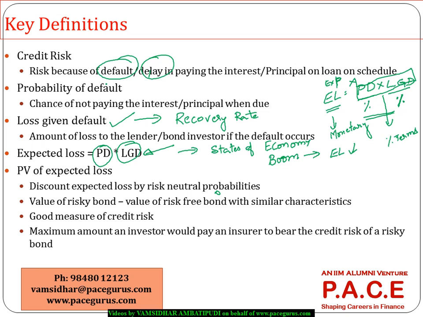Whenever we are saying the present value, obviously there are two things. One, discounting of all the future cash flows, or here in this case, because we are talking about losses, discounting all the future expected losses to the present value. So for the PV of the expected losses, you ask, at the end of 1 year, what is the expected loss?